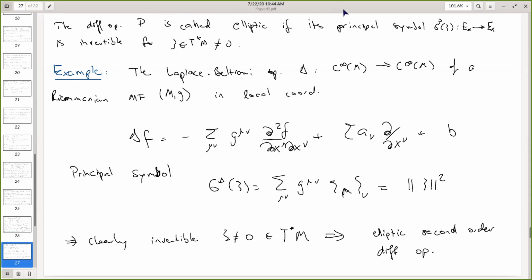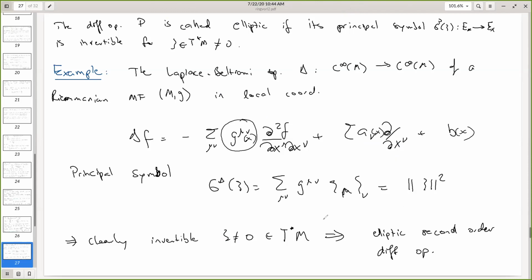Of course, note that in general, all these functions can depend on x, on the local coordinates. And the principal symbol here is, you take the leading term g mu nu and you multiply it by psi mu psi nu, and this gives you the norm of psi squared.